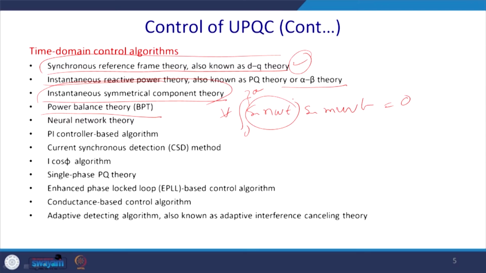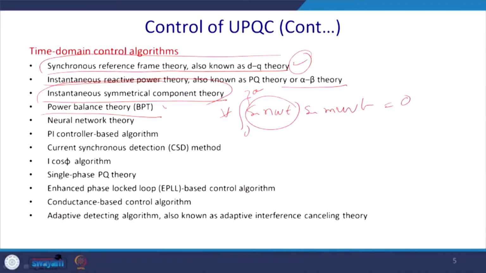So the multiplication of the fundamental voltage and current will survive; the other terms, if you integrate, will vanish. If you subtract this term from the instantaneous power, that will be the ripple portion of the power, and that is required to be fed in the form of voltage and current from this UPQC.